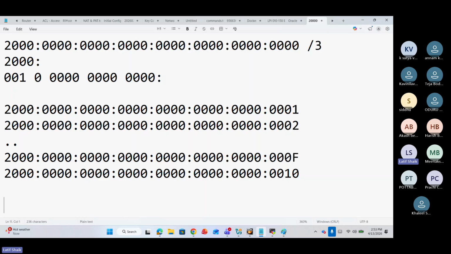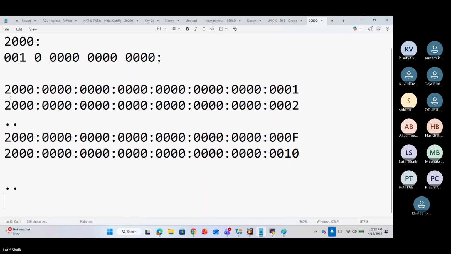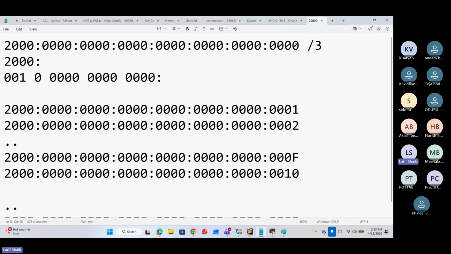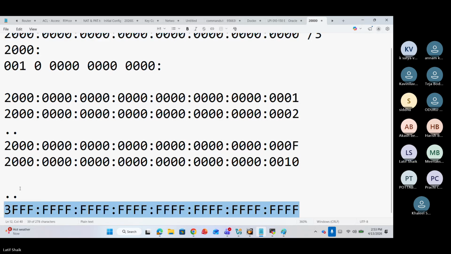What number will it go to? 3FFF:FFFF and so on. This is the last number. So this is the starting, and this is the last.